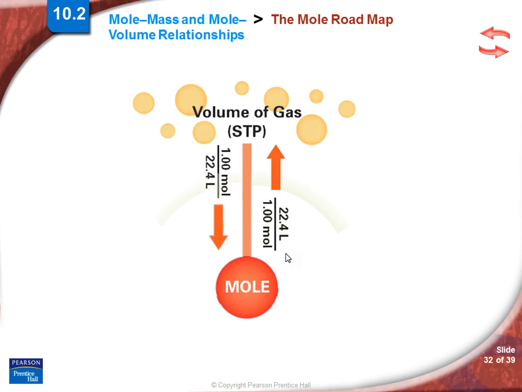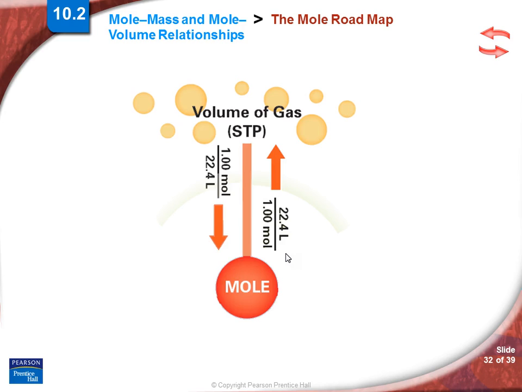Going from moles to volume, multiply by 22.4 liters per mole. Going the other direction, divide by 22.4 liters per mole.